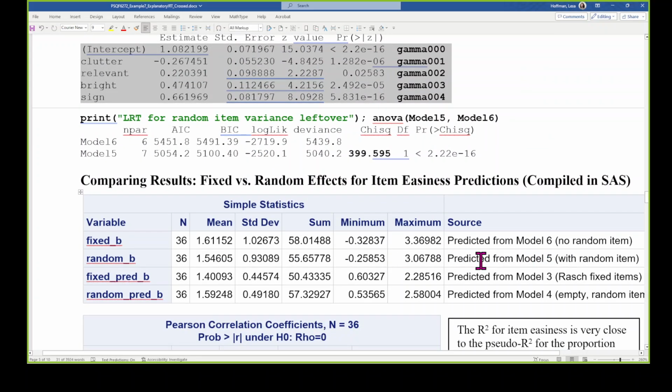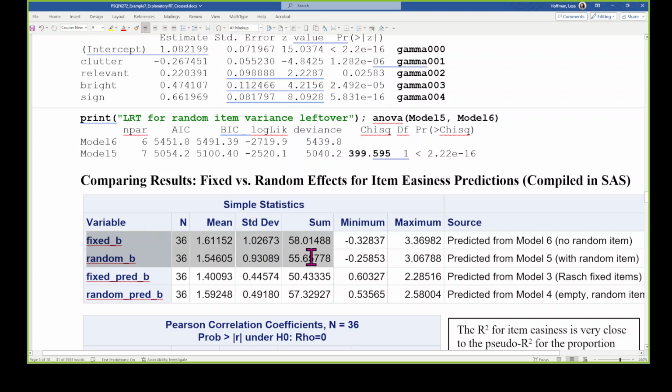I did that from the previous model that had the random item intercept. I also created actual, not predicted, item easiness from the Rasch model, where items were fixed effects. That's the 3rd one. And then I did it from the crossed random effect model using the random effects instead.